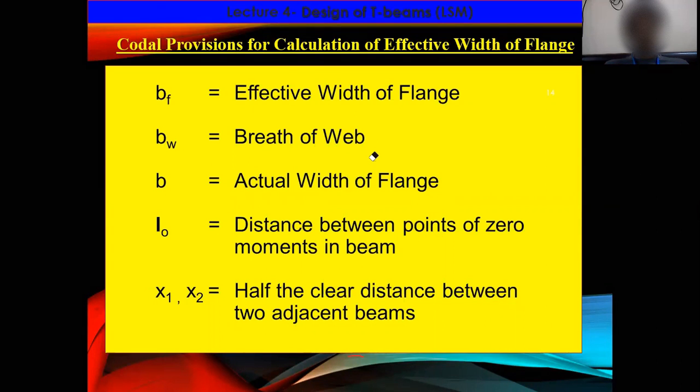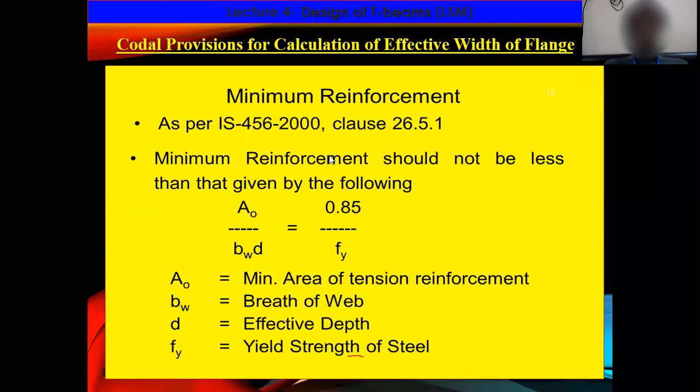So another one is, what is the minimum reinforcement and maximum reinforcement in T beams and L beams?